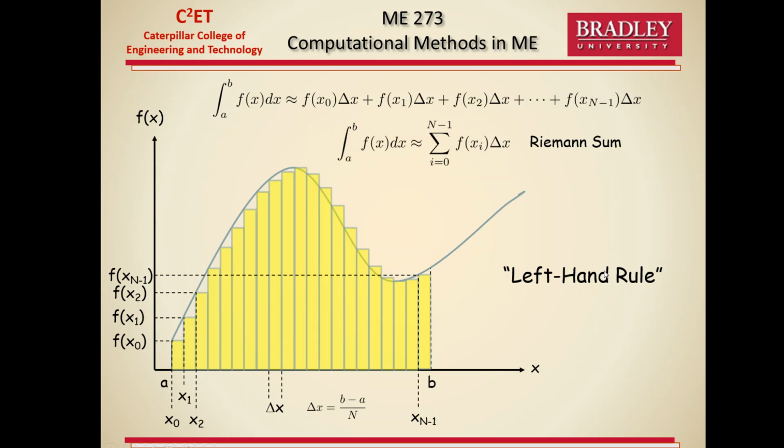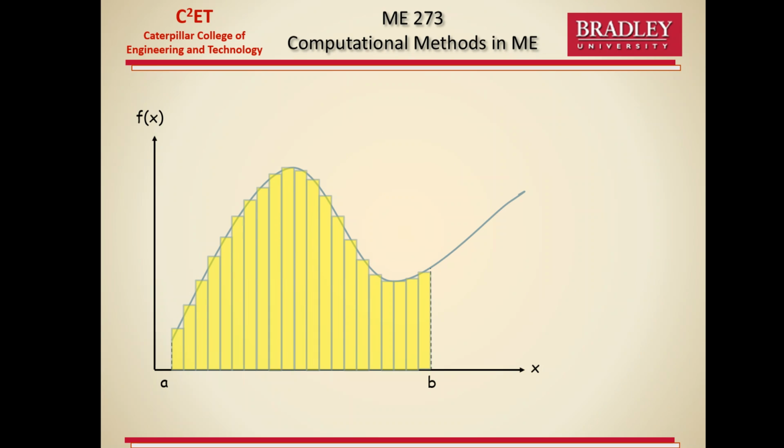Right? This is called the left-hand rule because we have indexed the positions and the corresponding heights of these rectangles by using the left-hand edge of each rectangle. Right? There's another way we can create a Riemann sum and approximate the area under the curve, again with rectangles, and that's what the next slide is going to show. So here I have the exact same curve, and I've also got the same number of rectangles indicated between limits a and b.